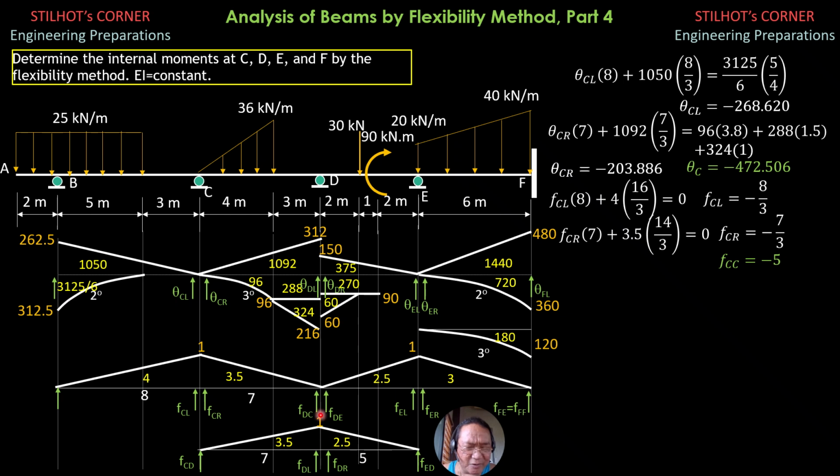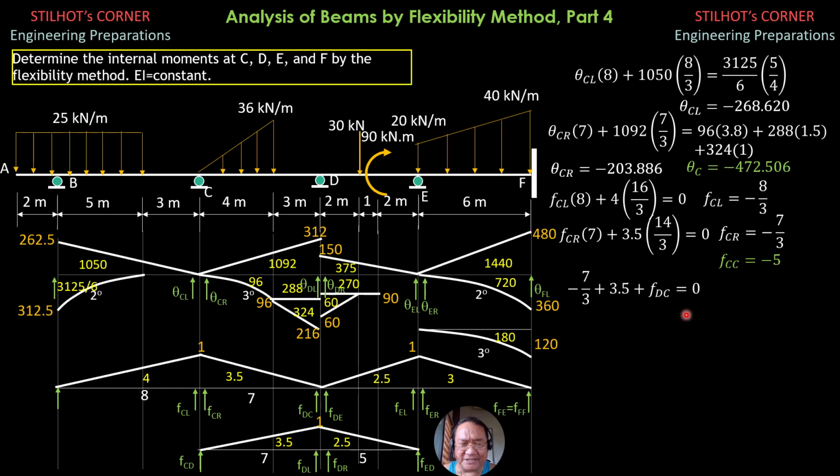Then, let's solve for this FDC here. FDC, the force at D due to the unit displacement at C. So, to do that, we may have summation forces Y or summation moment. Summation forces Y, because we already solved FCR, which is equal to negative 7 thirds. So, negative 7 thirds plus 3.5 plus FDC equals 0.